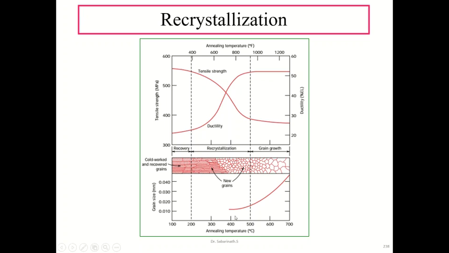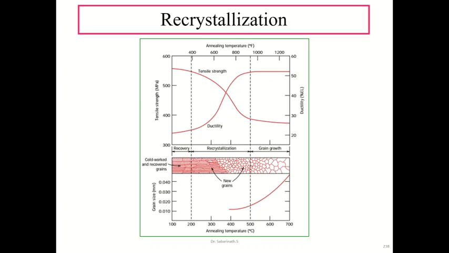Here we can also see the change in grain size. After a partial recrystallization, the grain size will start increasing, and in the third stage the grain size will be much larger than in the previous stages.